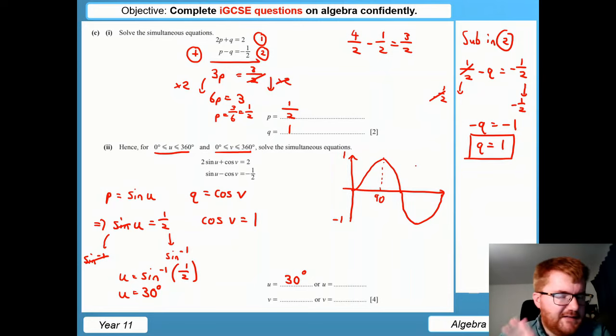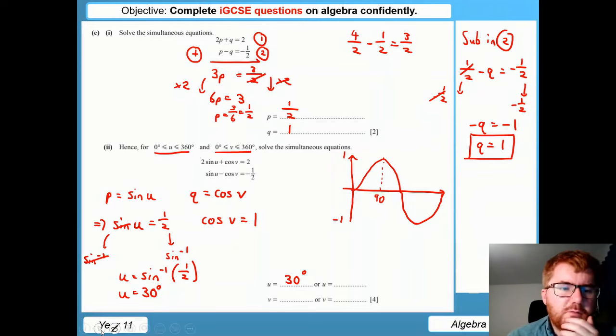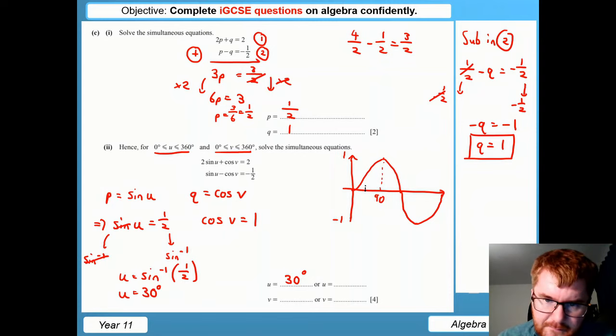I think that's all we need for this particular question. Now notice we've worked out, or the calculator has worked out, one of the answers for us. It's worked out this one. So 0.5 and 30. However, there is another answer over on this side, which we have to take into account. Now these black lines are the same.